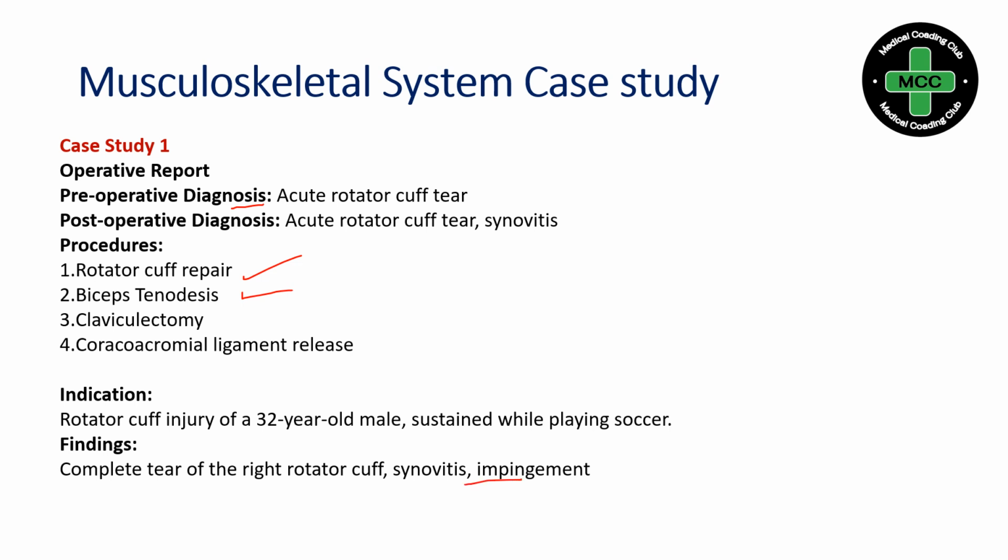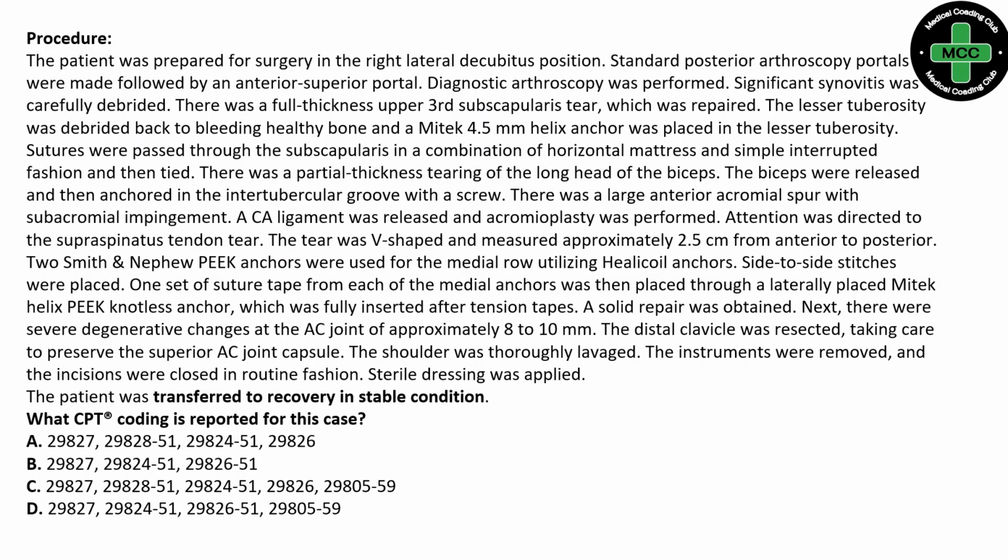So let's see the procedure note. Here is the procedure, and it's a big question, as you can see. The patient was prepped for surgery in the right lateral decubitus position. Standard posterior arthroscopy portals were made, followed by an anterior superior portal. Diagnostic arthroscopy was performed.